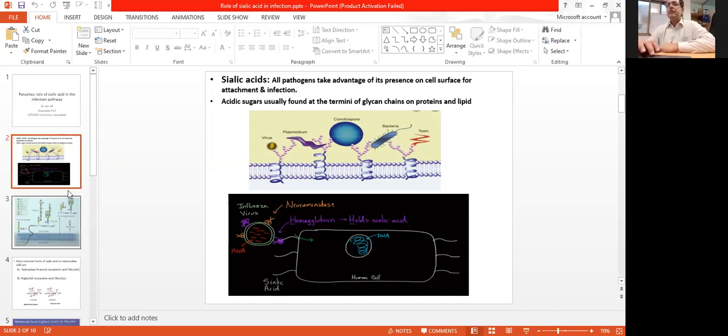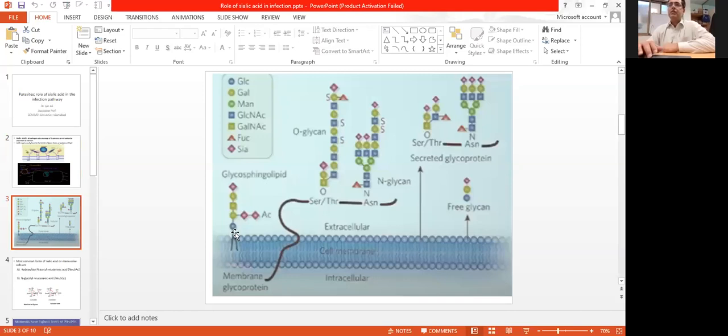If you look at a typical animal cell, you would find sialic acid at the end of these long sugar chains attached to different types of proteins, the integral or peripheral proteins of the cell membrane. For instance, this is a cell membrane or plasma membrane. This is a membrane glycoprotein that you see here, and these are the long sugar chains attached to this membrane protein.